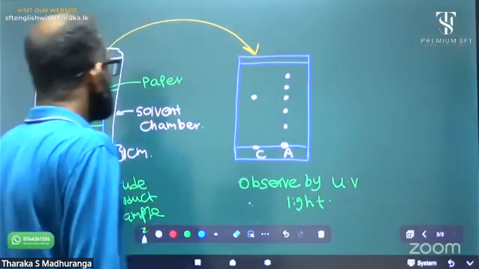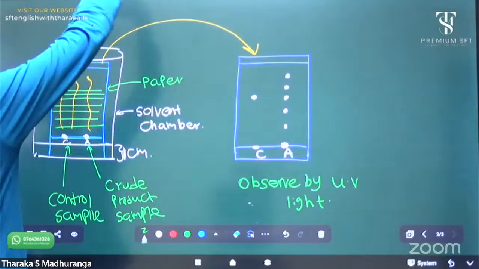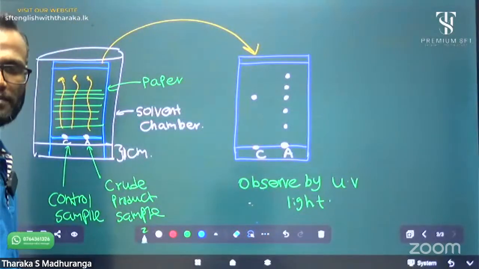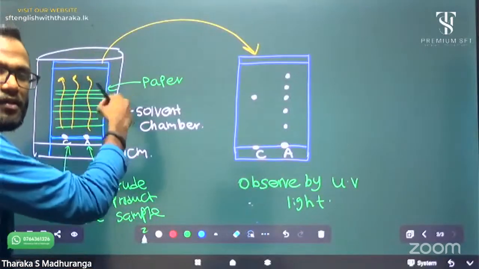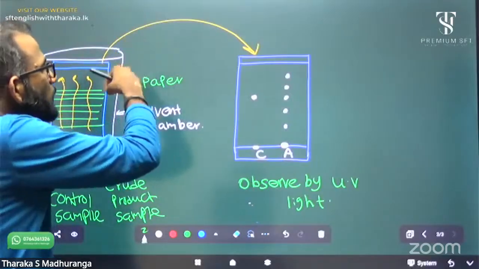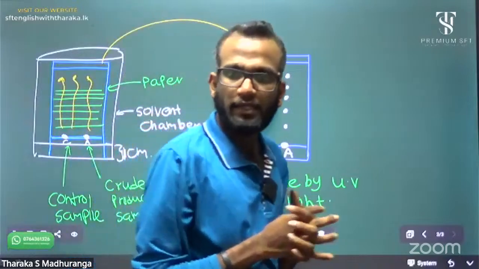After 20 minutes, the prepared chromatography paper is carefully placed inside the chamber. When the solvent front reaches the solvent front line, the chromatography paper is taken out of the chamber and observed under UV light.